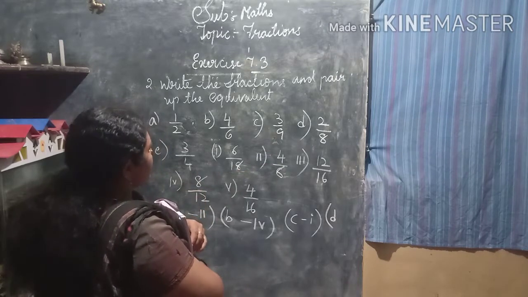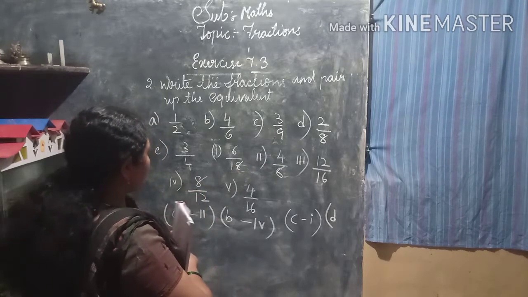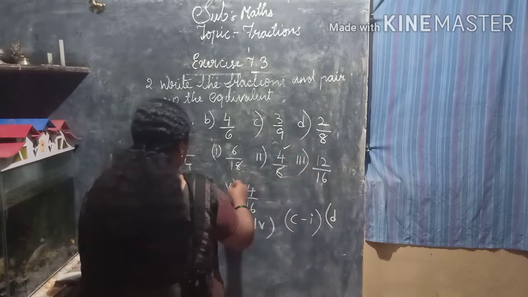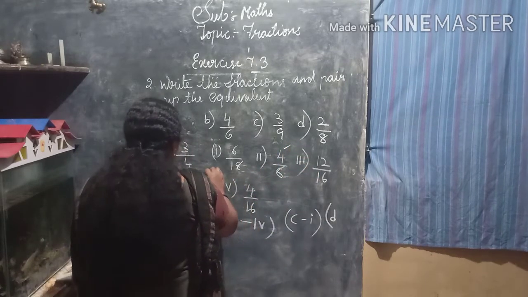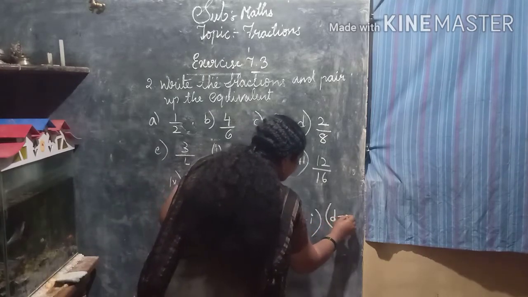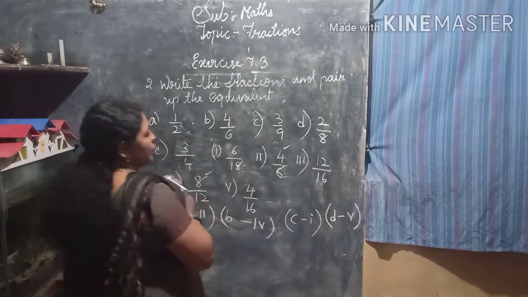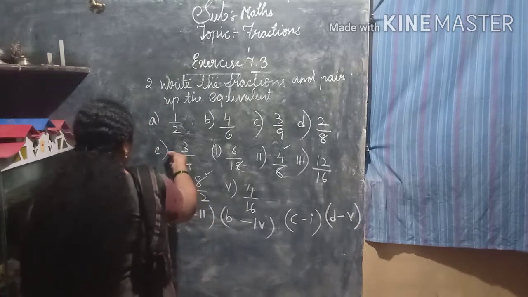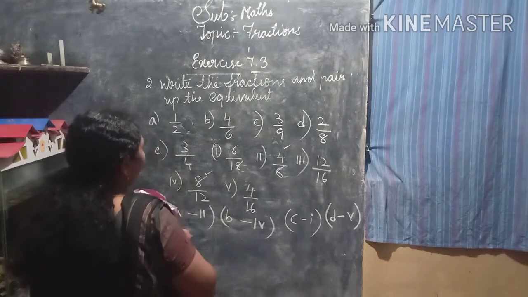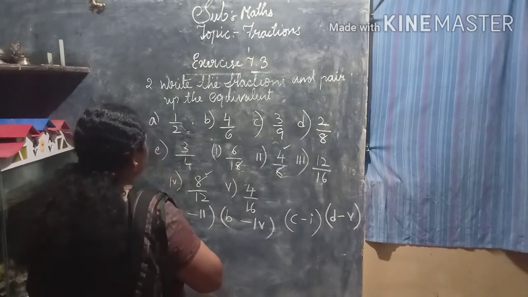Do you have 6 by 24 anywhere? No. Let us first think of this as cleared, and this is also cleared. Isn't it? We have 4 by 16 here. So D is equal to 5. And the last one, obviously, you will have 3 by 4. For E, what is 3 by 4? And which one is left out for us?